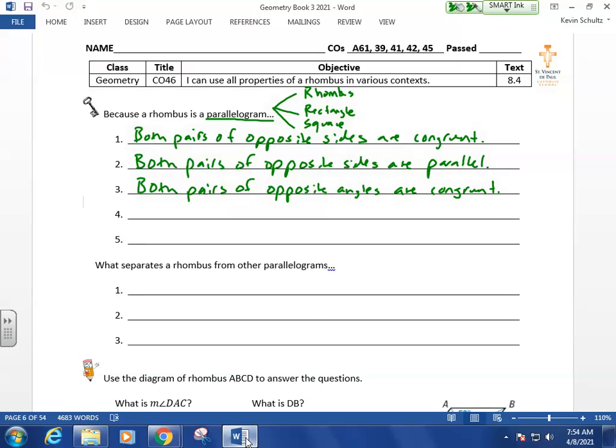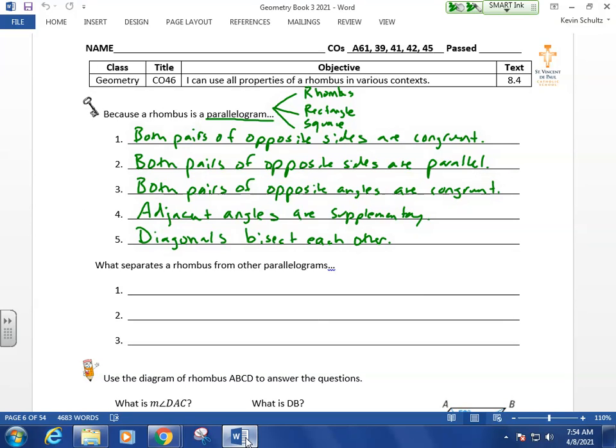Number four, adjacent angles are supplementary. And number five, the fifth characteristic that all parallelograms have, the diagonals bisect each other.